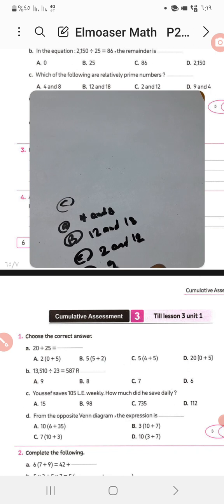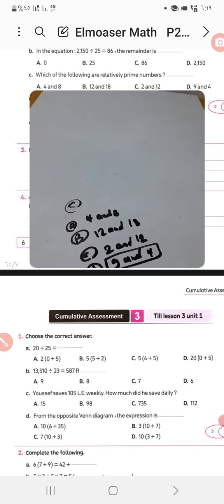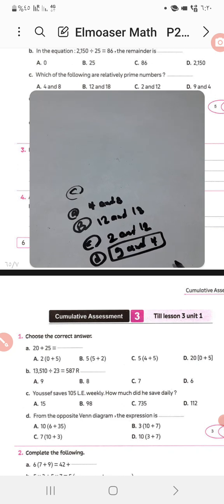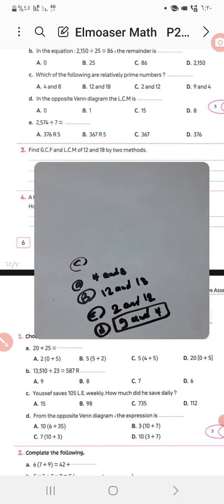Letter D, 9 and 4. We can choose letter D, 9 and 4, because the greatest common factor between them will be 1. Because 9 and 4 can be divided by 1 only. So 9 and 4 is the answer, the relatively prime numbers.